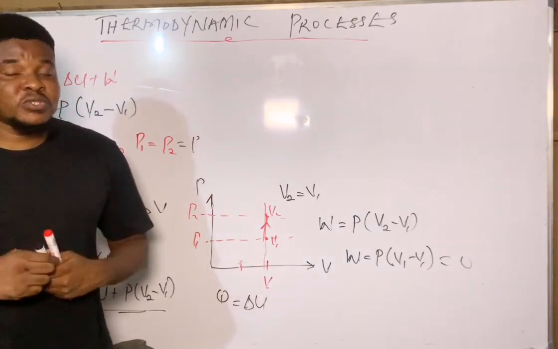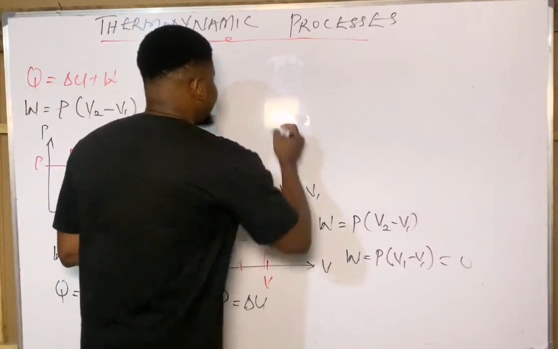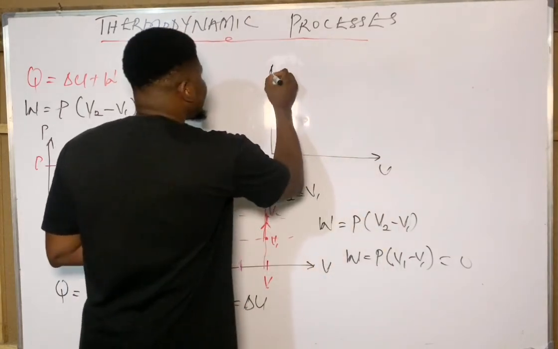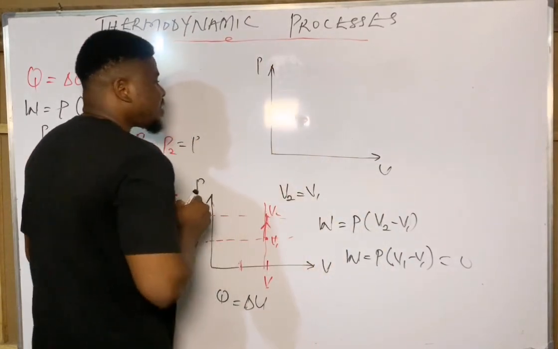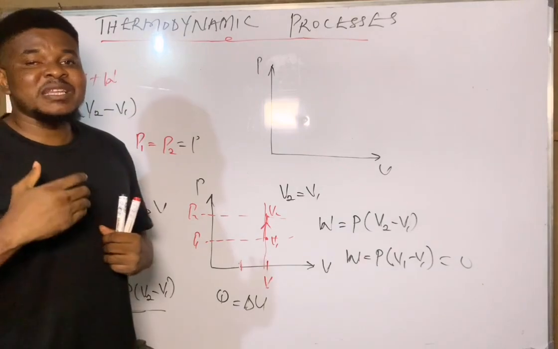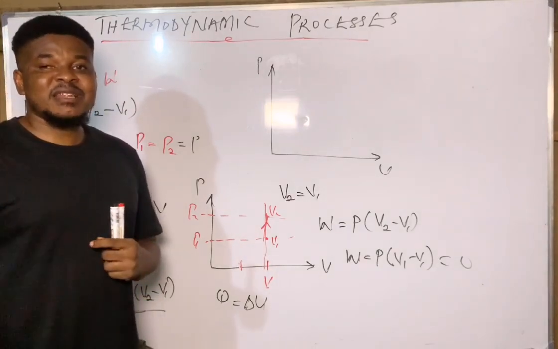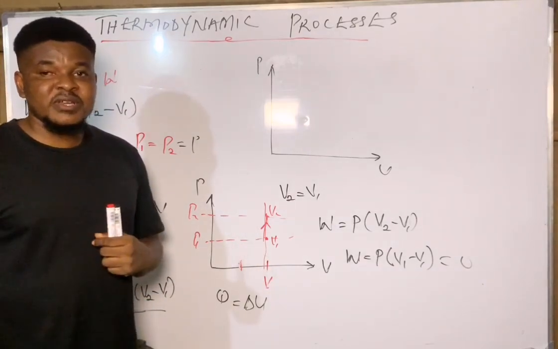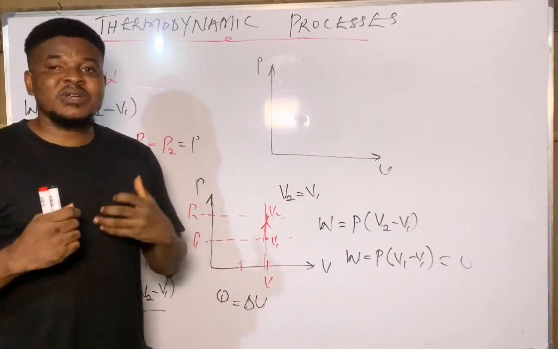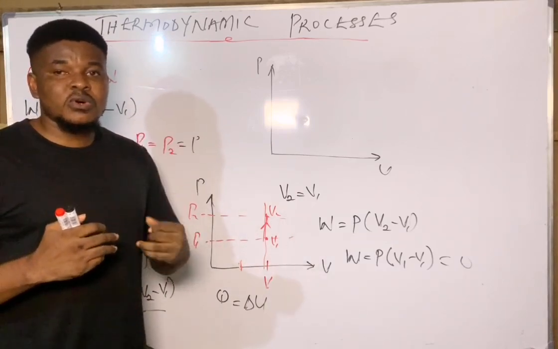So for a constant temperature process, let's illustrate that with the PV diagram. This is our PV diagram. For a constant temperature process, the only thing affecting the system is an external body. The external body in this case is your gas cooker used to cook or maybe boil water.